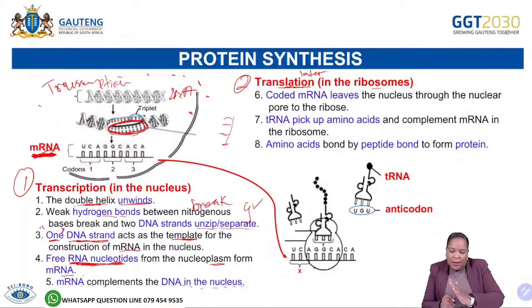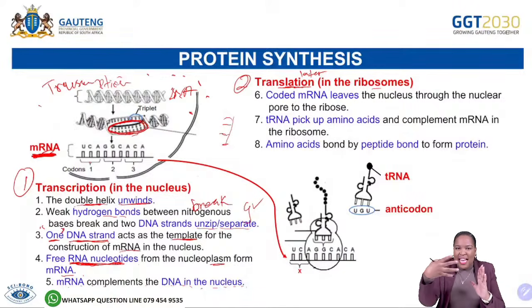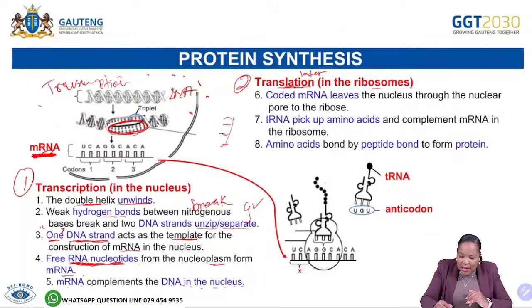Because the template has exposed what? The nitrogenous bases, and when the nitrogenous bases are exposed and the RNA nucleotides are coming to complement that DNA strand that was exposed, it is forming what? A new strand of mRNA, and this new strand is going to do what?